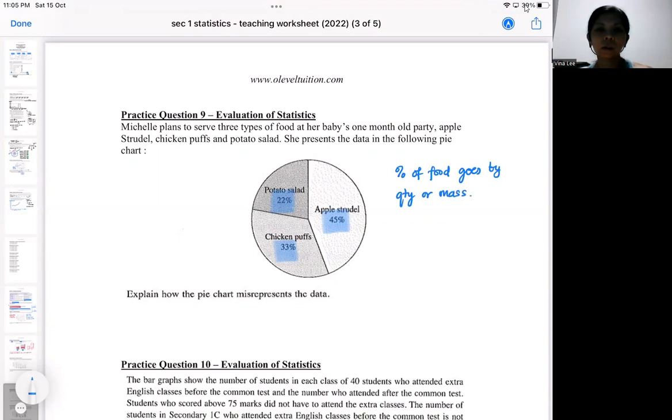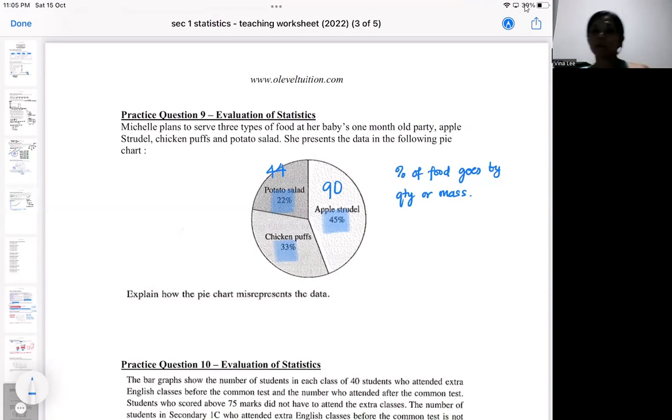When they say 22% salad versus 45% apple strudel, is it servings? Maybe here we got 44 servings, so does that mean here I got 90 servings for the apple strudel? I don't know whether it goes by the quantity, the number of potato salad, the number of apple strudel, or does it go by the mass? How heavy is it? So this can be confusing.